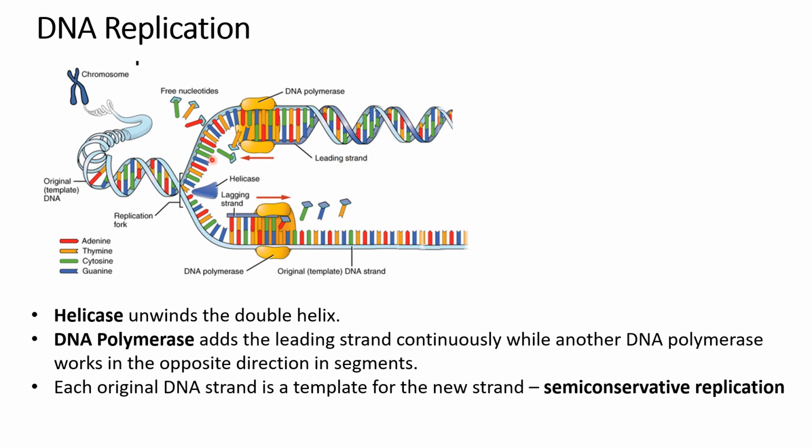The leading strand will follow helicase as it unwinds, so it never has to let go. The lagging strand is moving away from helicase, so by the time it gets to the end, helicase would have unwound further. Therefore, it has to detach and replicate over again in segments.